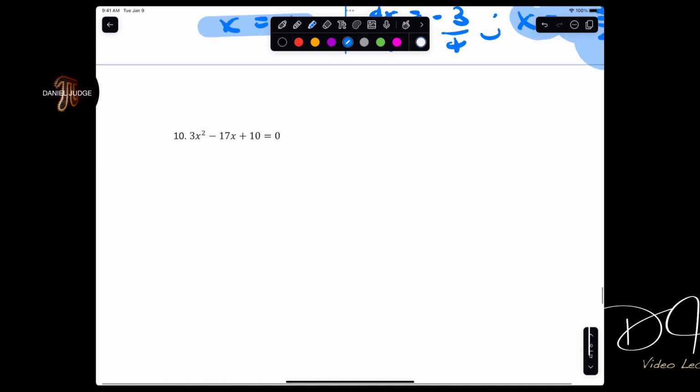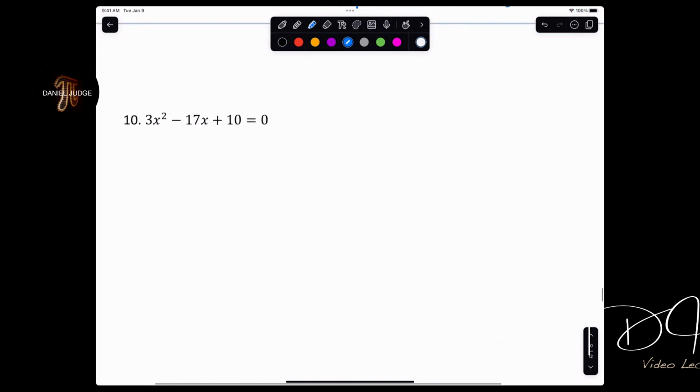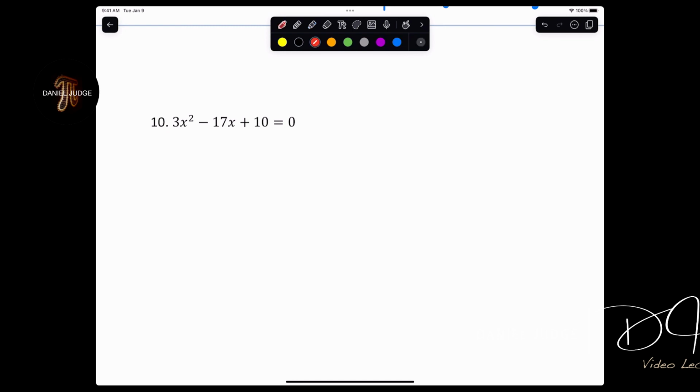Okay, here's another example where a is not 1. So let's kind of write that down now. We know a is not 1 in this example. We know a is what? 3. Okay.